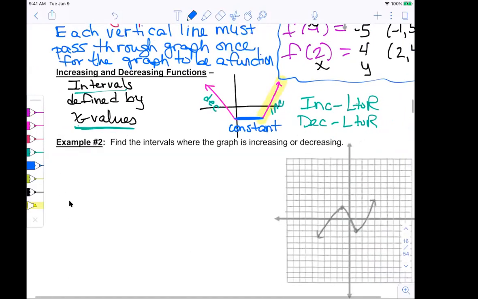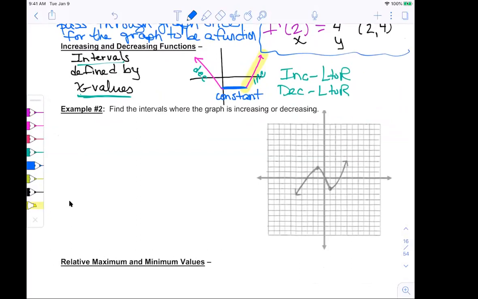So if I look at my graph, we're going to start with the increasing part. How many sections of this graph are going up? How many sections are increasing from left to right? 2. So we have the portion on the left that's increasing, and we have the portion on the right that's increasing.